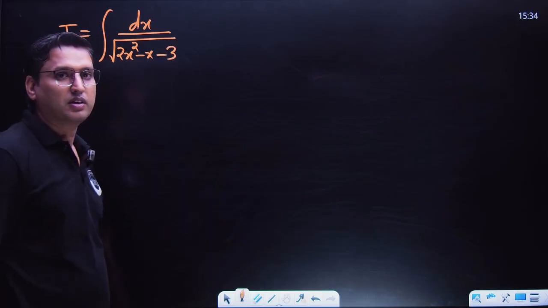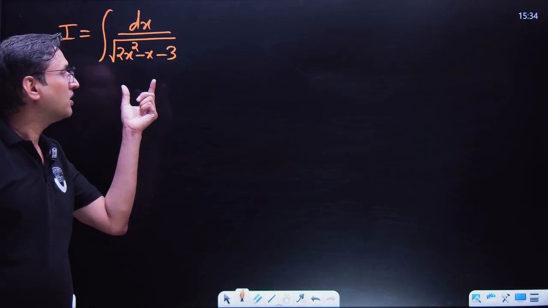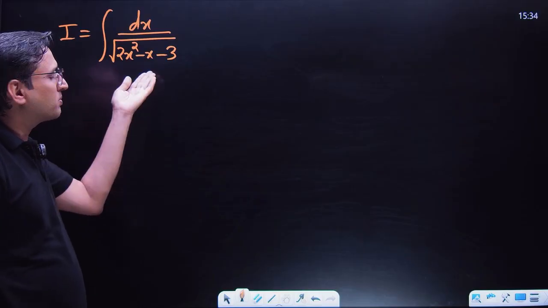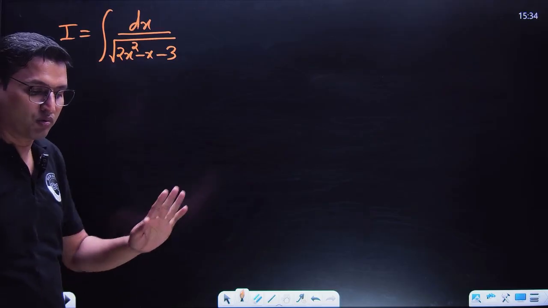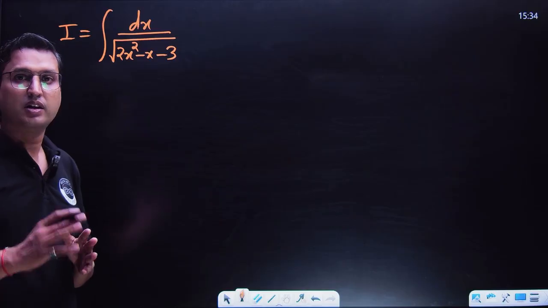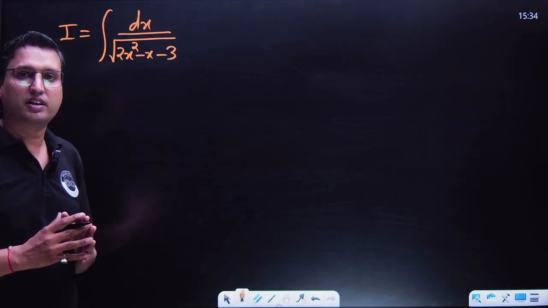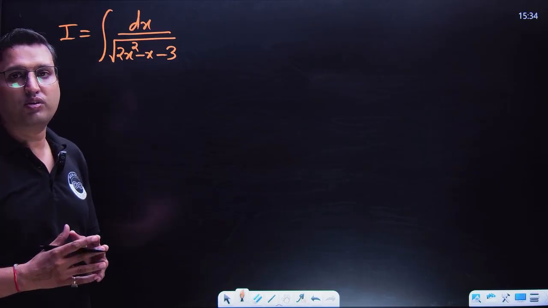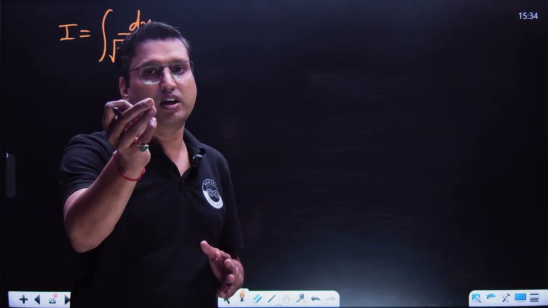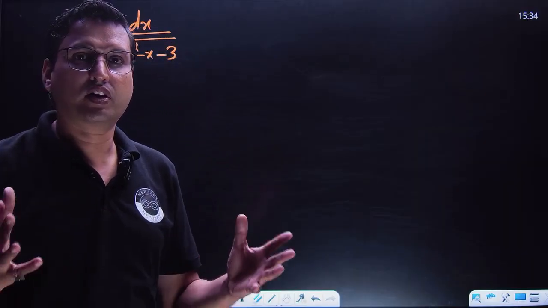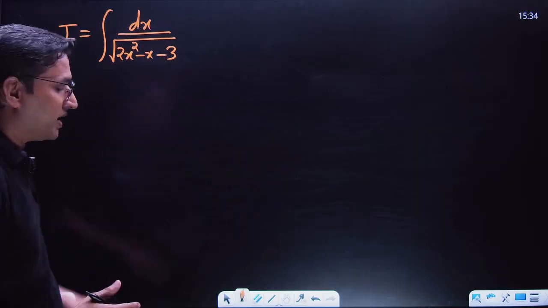This is a very simple example. Even through middle term splitting you can see this is factorizable. But no need to factorize for now. We are just going to integrate this using one of the methods, 1 upon root over x square minus a square, or 1 upon root over x square plus a square. Whatever the method is, that will be implemented.